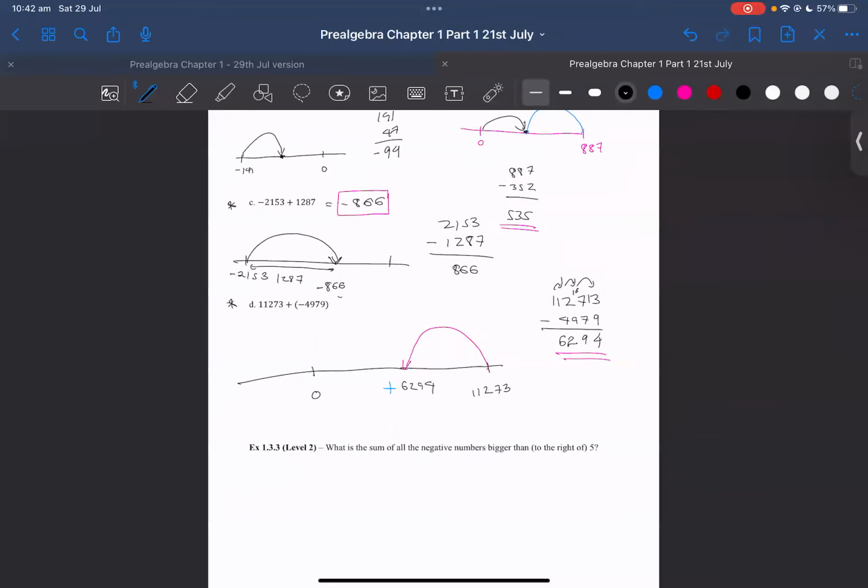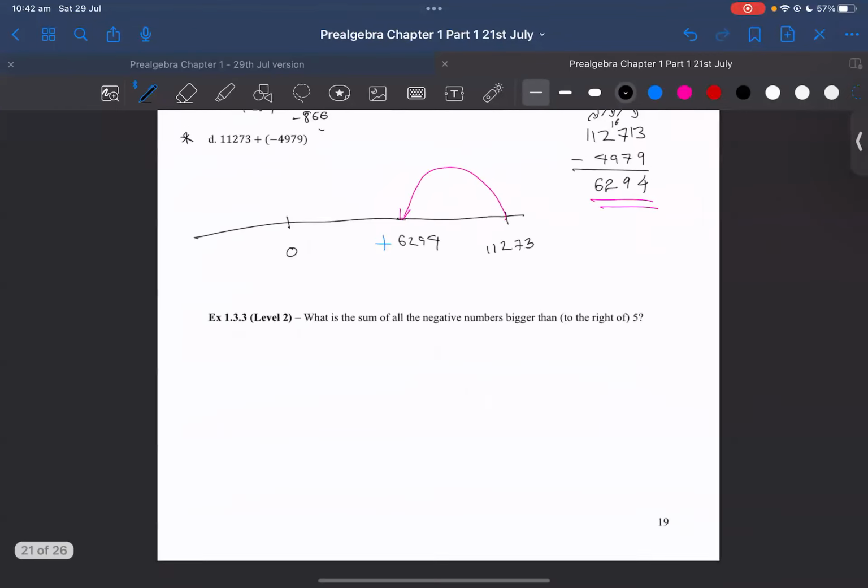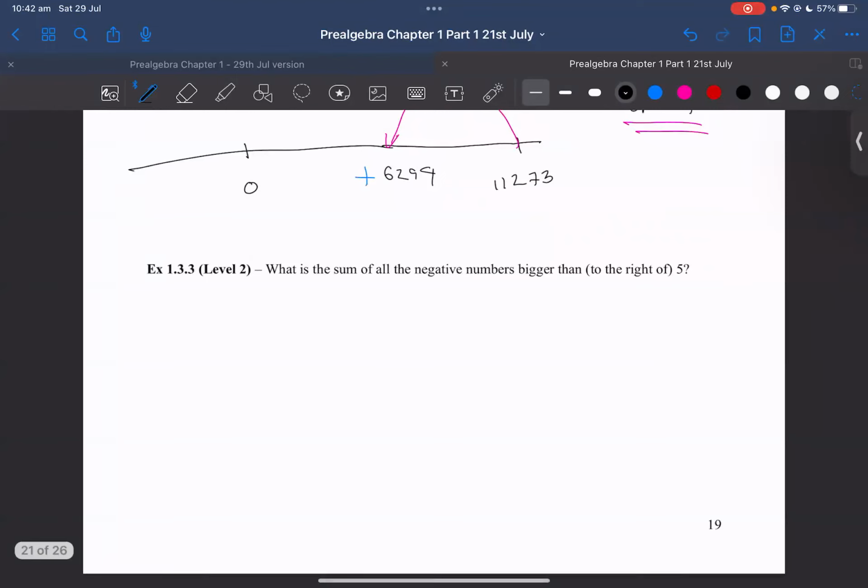All right. Let's do a word problem. So let's do 1.3.3. Oh, sorry, guys. I should say to the right of -5, not 5. So can you guys do this one? Read through the question, understand what it's asking you. Do it.